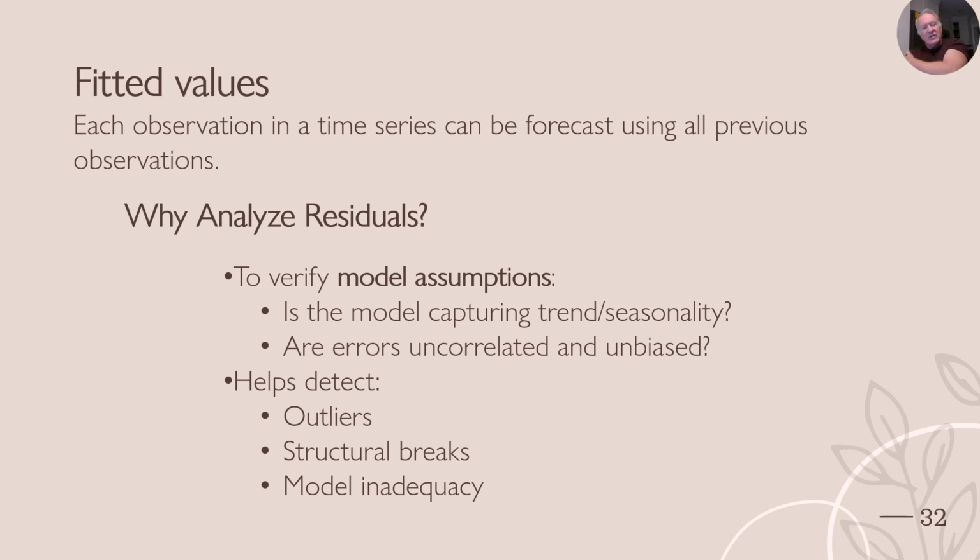We want to analyze the residuals to verify some model assumptions. Is the model capturing the trend and the seasonality? And are the errors uncorrelated and unbiased? This helps us detect outliers, structural breaks, and model inadequacies.